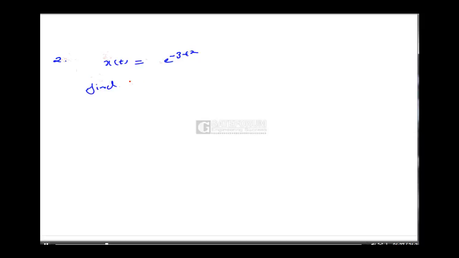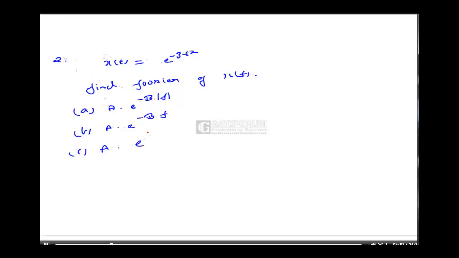Find the Fourier transform of x(t). In the question, 4 choices are given. The Fourier transform of x(t) will be of the form a to the power minus b mod f, a to the power minus bf, a to the power minus b f square, and d none of these.